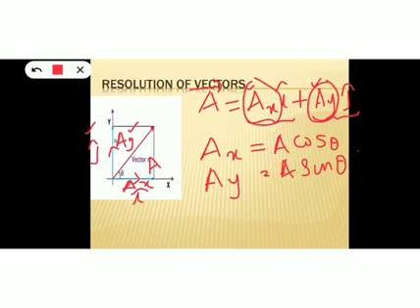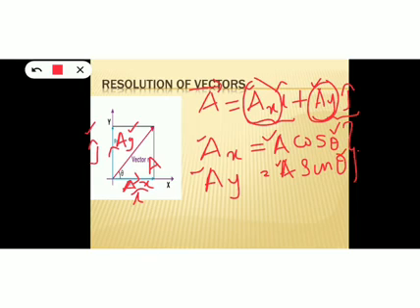Okay, if A and theta are given, ax and ay can be obtained using these two equations, isn't it? Because if A and theta are given, you can easily find A cos theta, thus you will get the value for ax. And similarly, the value for ay is obtained if you know the value of A and theta.